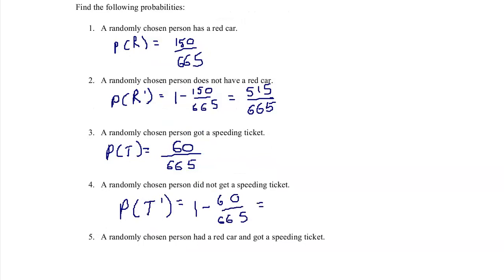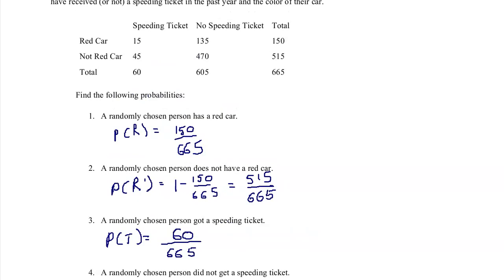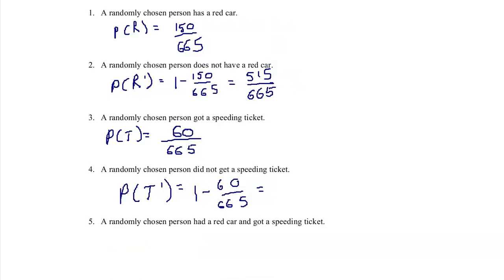Or we look at our table and we say, how many people did not get speeding tickets? However you do it, you're going to get 605 out of 665. So let's go write that down. 605 out of 665. Sorry, it looks like I didn't leave enough space for all of these questions with the table in view.